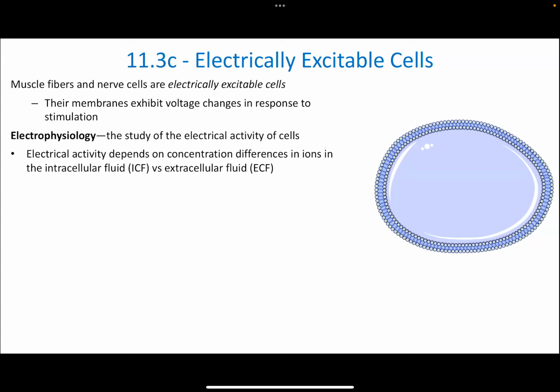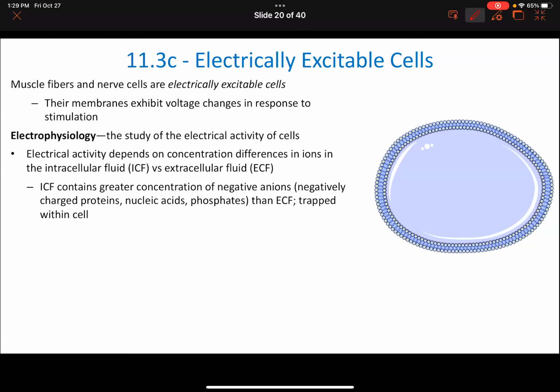So what I want to do is take an imaginary cell here, and instead of drawing one, I've provided a picture. This cell is empty right now, but it has the phospholipid bilayer on it. You can see that. The intracellular fluid, or the ICF, has a high concentration of negative ions, and we call these anions.